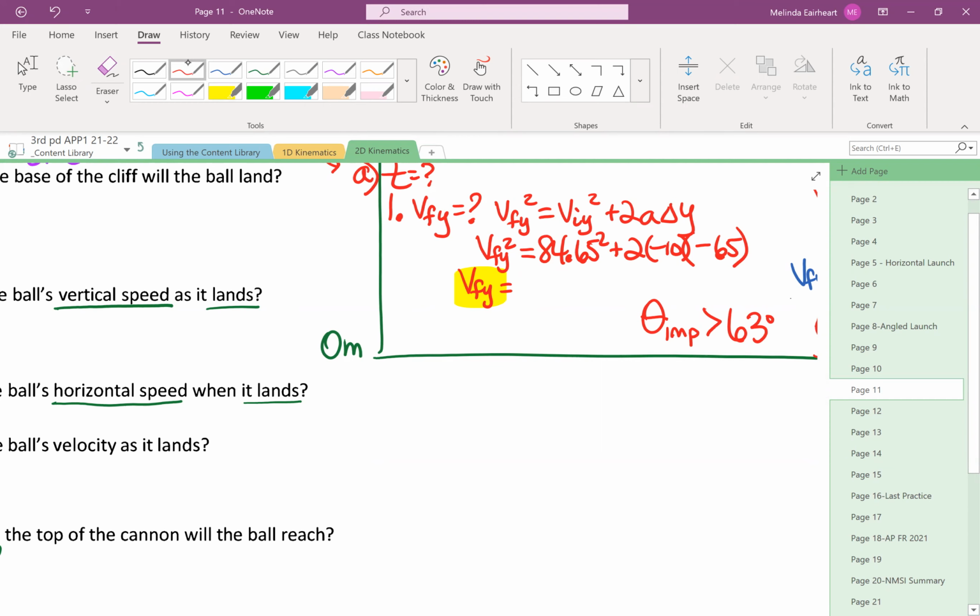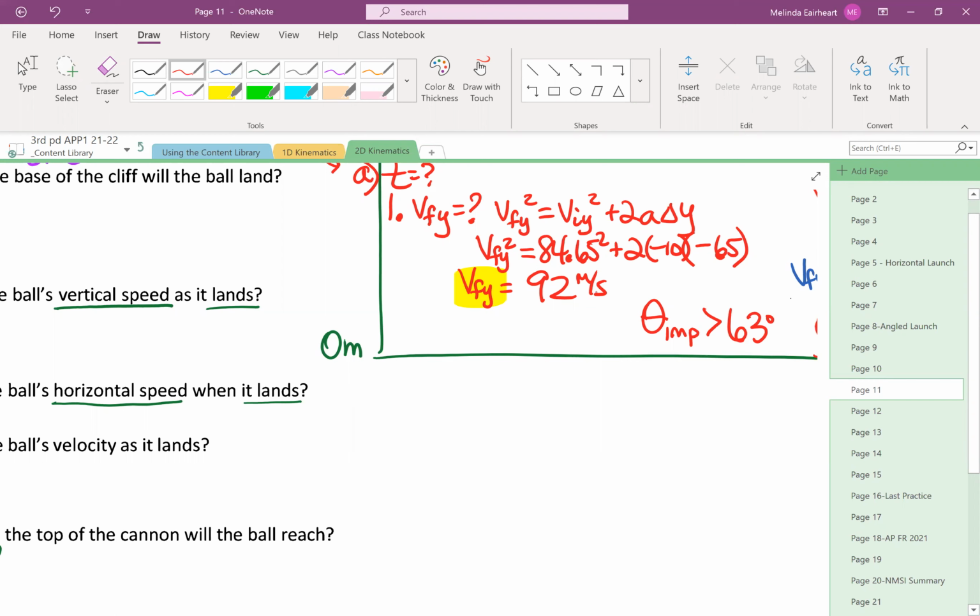So what's this final vertical velocity? 92 meters per second. Sounds familiar, okay? But wait, there's more. Remember how I told you a week or so ago with this equation? When you square root, technically your answer can be positive or negative. Now time is never negative, right?